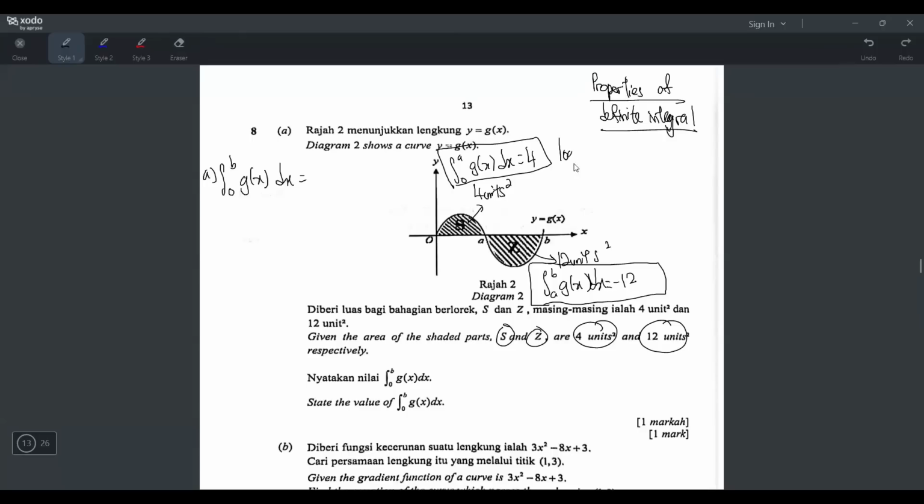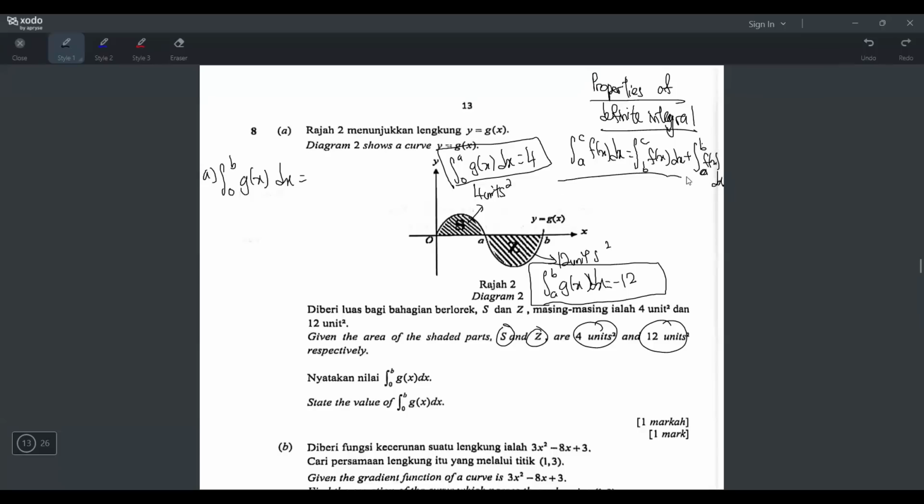So one of the properties says, if I give you, for example, integrate from c to a, f(x) dx, you can split it into integrate c to b f(x) dx plus integrate b to a f(x) dx. Like this, f(x) dx.